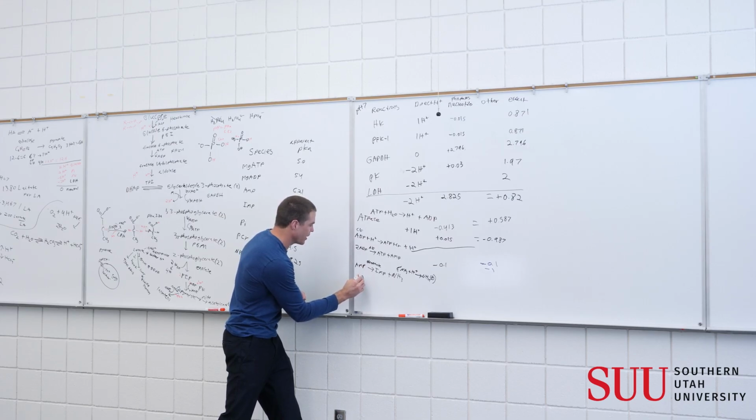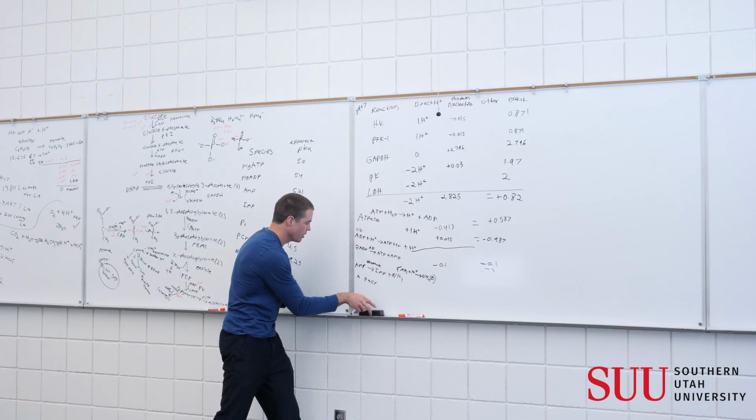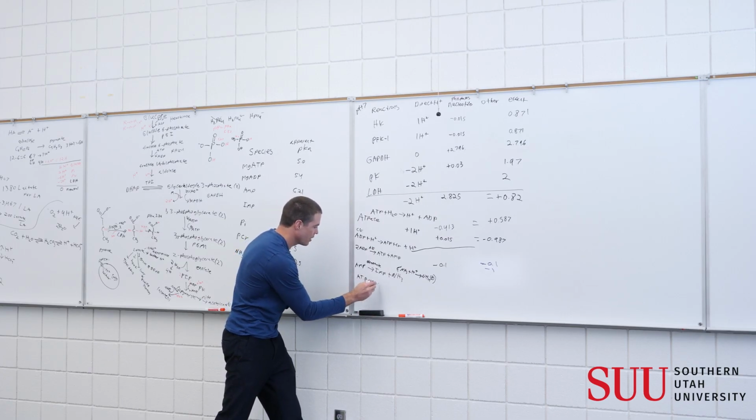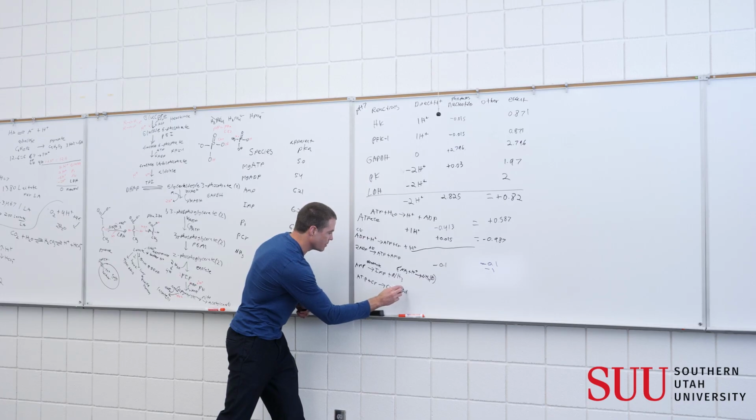So in this case, you would have ATP, because we want to go reverse, and what are you going to form? Your creatine phosphate plus ADP.